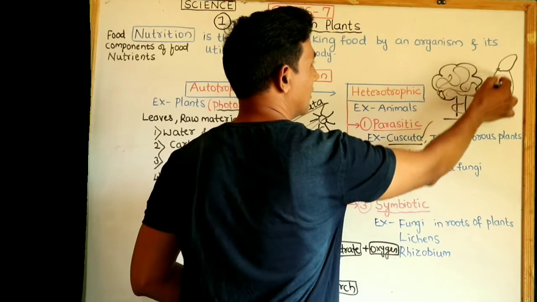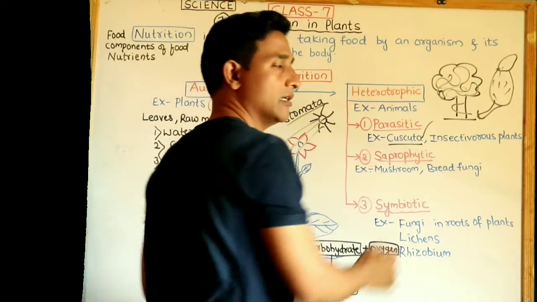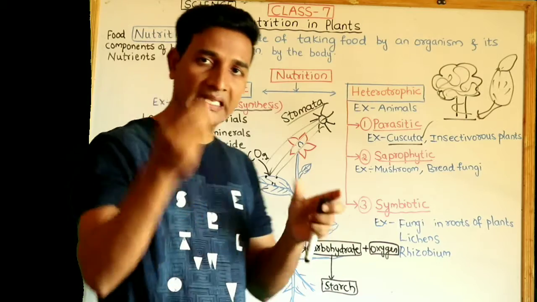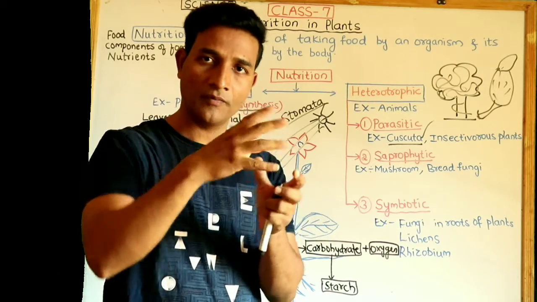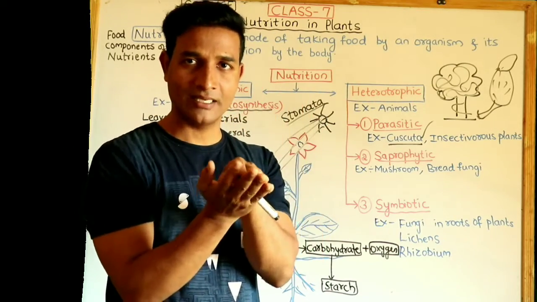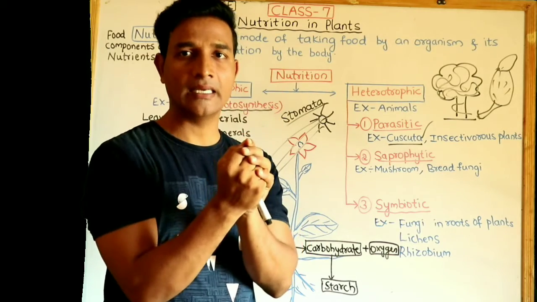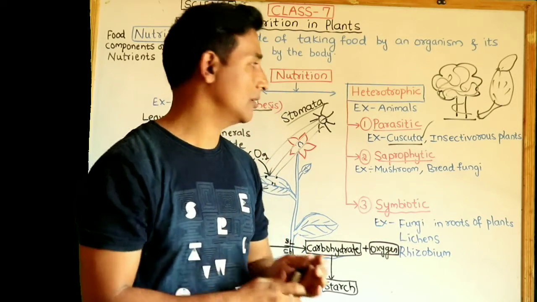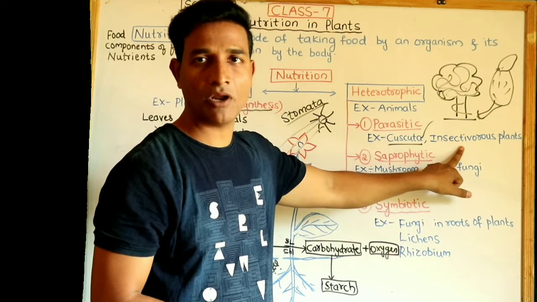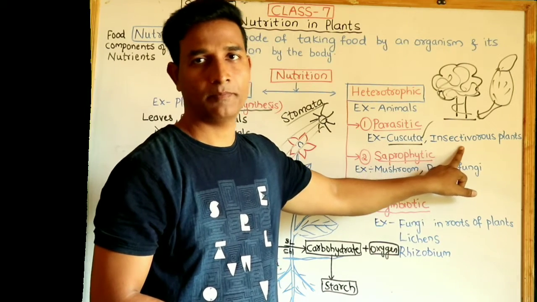Inside you can find digestive glands. When the insect sits on the leaf, suddenly it closes and digests the insect and absorbs the nutrition. So pitcher plant is an example of insectivorous plants.